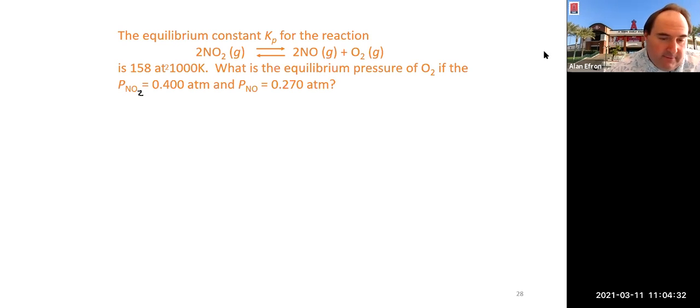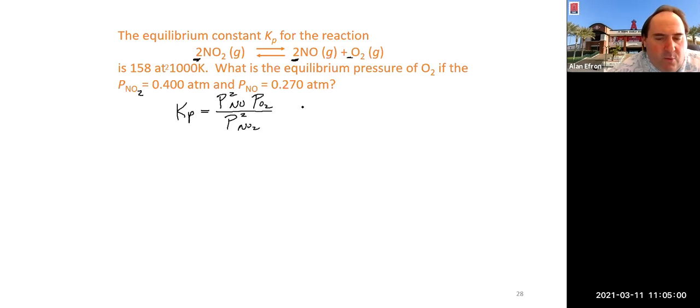Since we're dealing with pressures in this case, the Kp expression is where we want to start. Again, it's products over reactants. So it would be the partial pressure of NO squared, for the coefficient, times the partial pressure of O2, where the coefficient is 1, divided by the partial pressure of NO2 squared, for its coefficient.